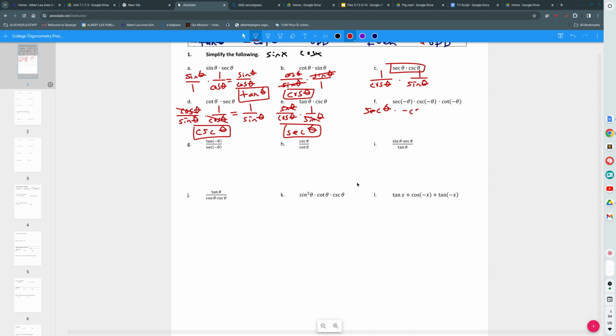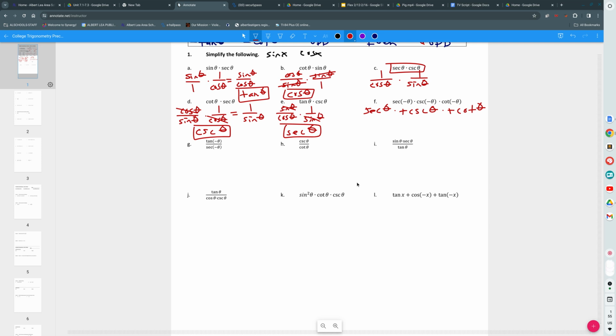Negative moves out front. And cotangent, the negative moves out front as well. So notice in our expression now, we now have 2 negatives that are out on the front. Those 2 negatives will cancel each other and make a positive. So it turns out in this situation that all the negatives go away.